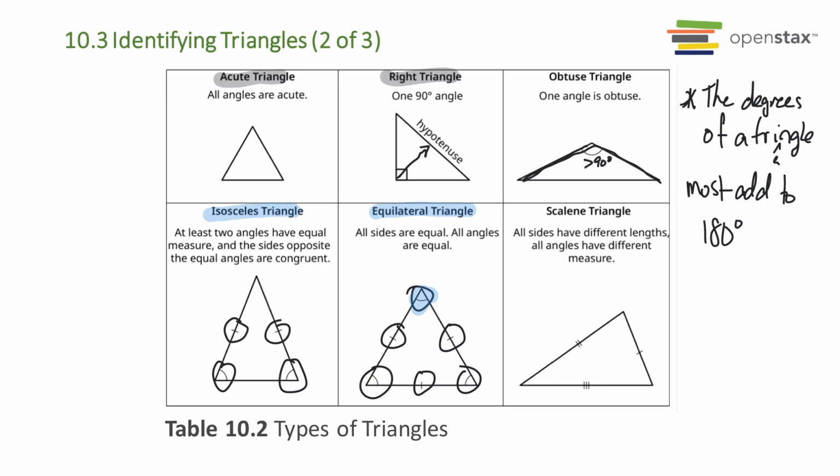And then we have scalene, which means that none of the sides are the same. You can see here that we have three different hash marks. Here we would have two hash marks for the isosceles, with a third non-equal side, but in a scalene, all three of the sides are different.